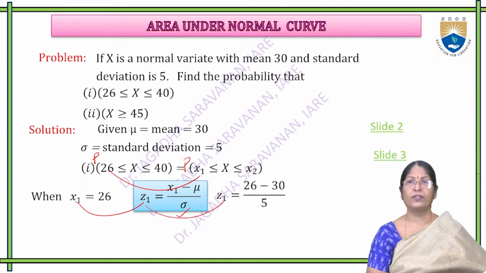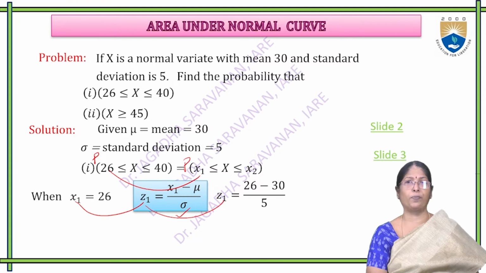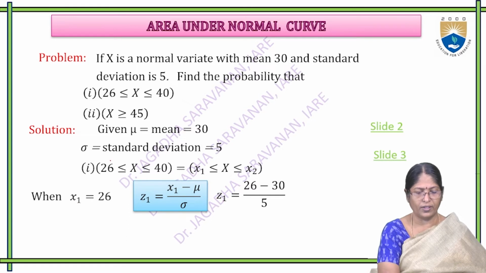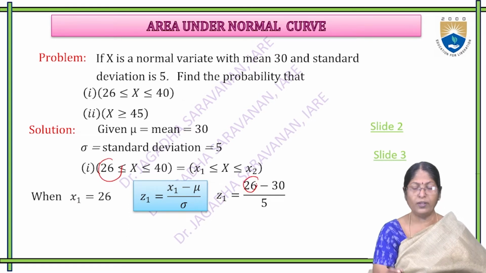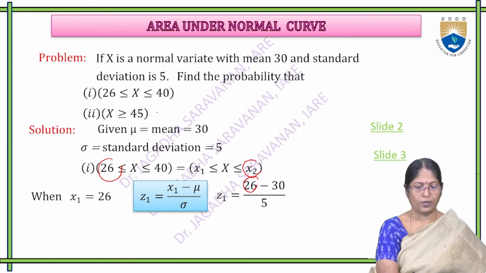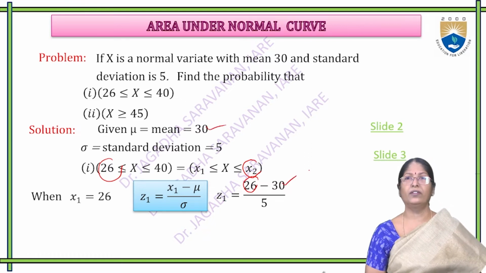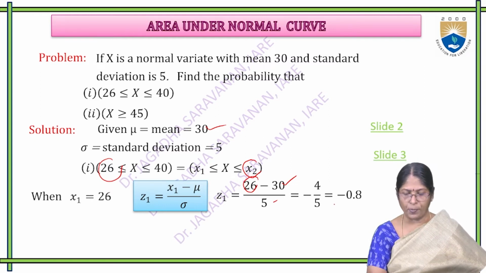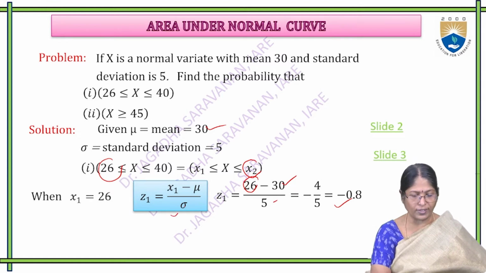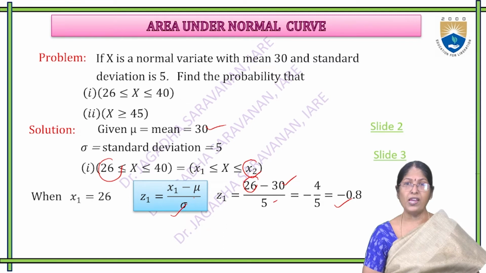So z1, what values did we obtain? Here we can see it: this is our x1, 26, and mu is 30. Sigma is 5. So with the help of this scale, mean and standard deviation are given.